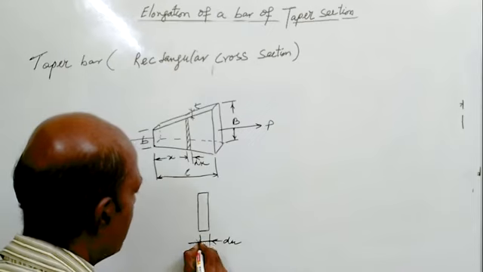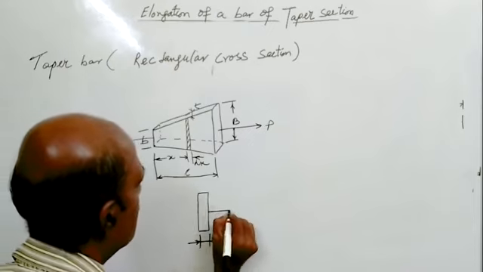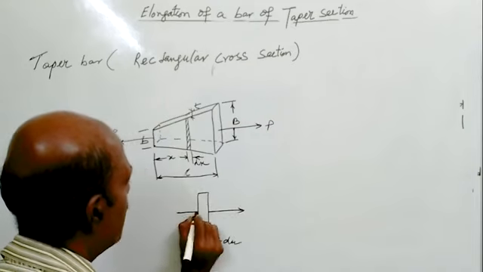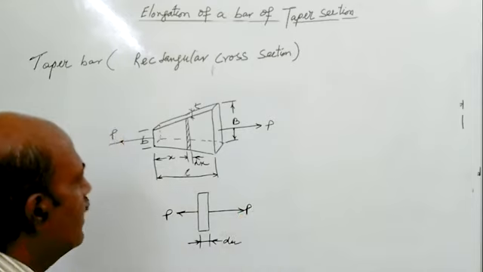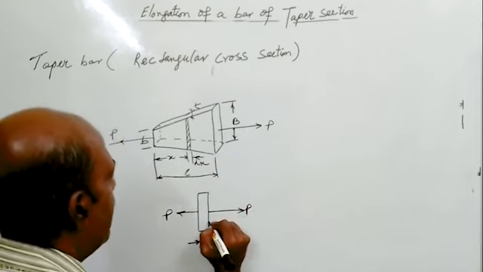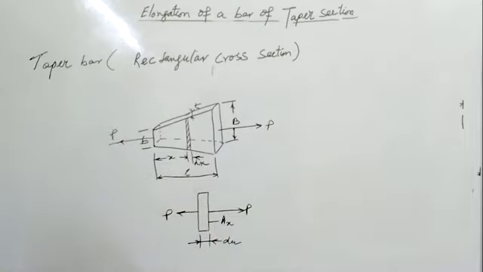The force acting on the element is P, because all the elements are under the same load P, and say the area of cross section of the element is Ax.